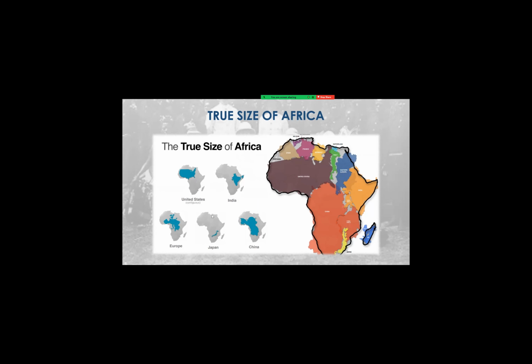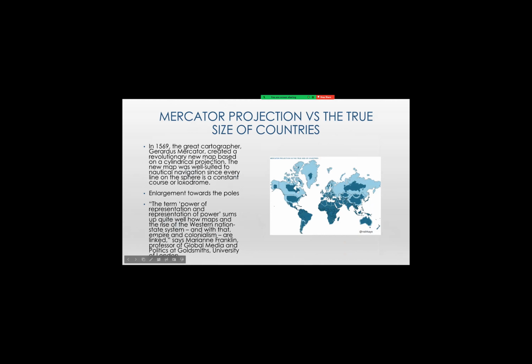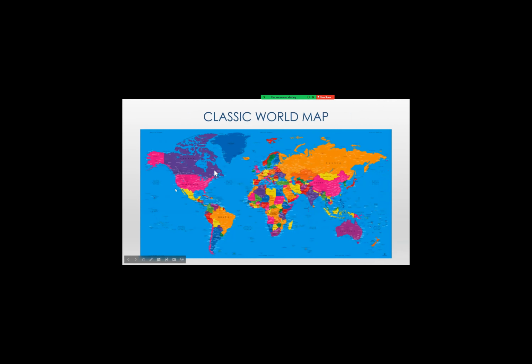If you look at the United States, if you look at India and Europe, you can see how much smaller they are in comparison to how it is illustrated on a traditional map. So we see on this map, Africa is relatively small, when in fact, Africa is about this size on scale for the map. They've scaled these nations up much larger.